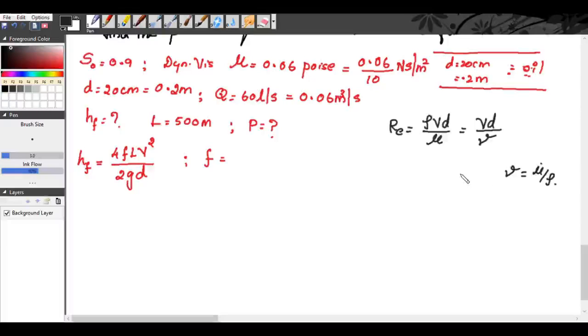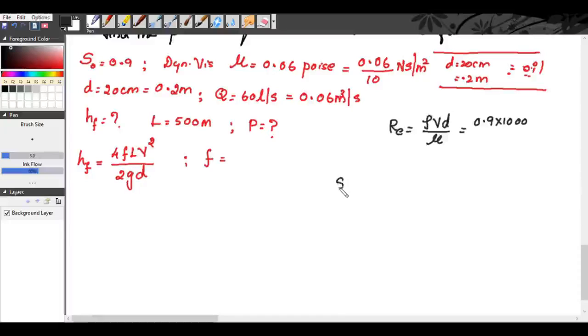Okay. So, here we will directly apply rho Vd by mu, because dynamic viscosity is given. So, rho is density. The flowing liquid is oil. So, the specific gravity of the oil is 0.9. That means the density of the oil is 0.9 into 1000.